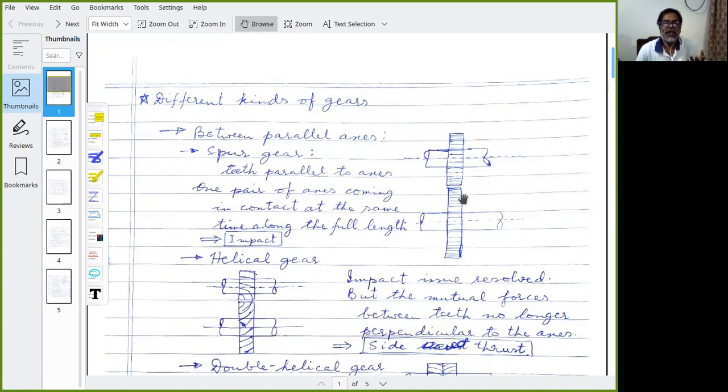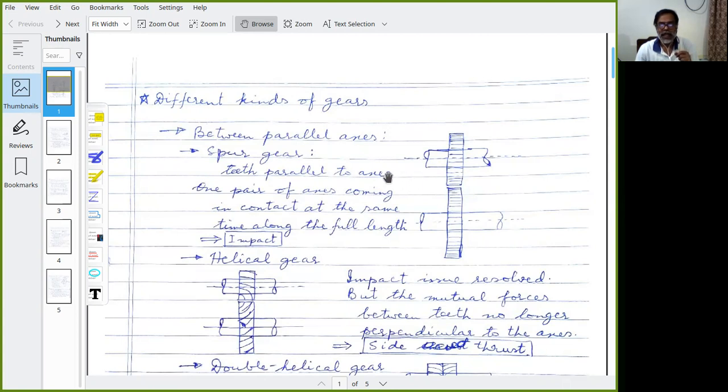So 1.3 basically means that maybe one tooth is totally engaged in its central duration of engagement, and the other one has just left, just leaving, or the other one is just engaging on the way. So typically, the ratio turns out to be 1.3, 1.4.